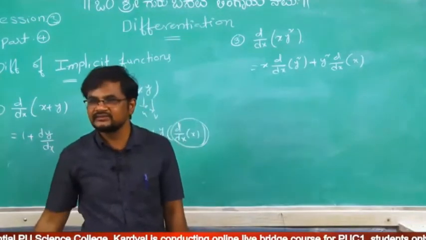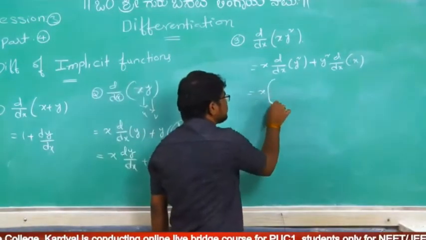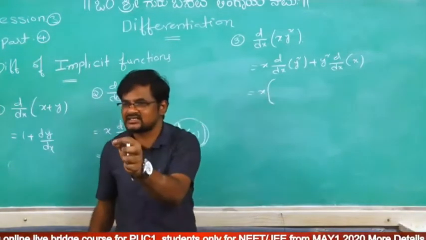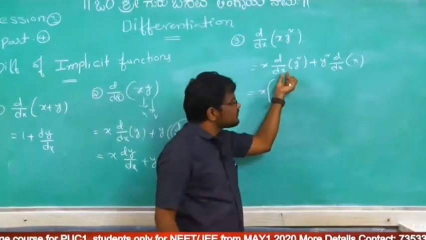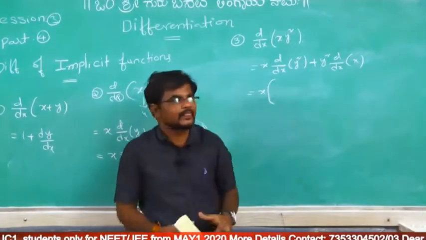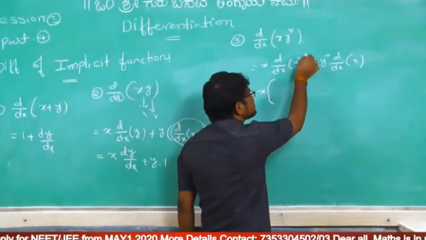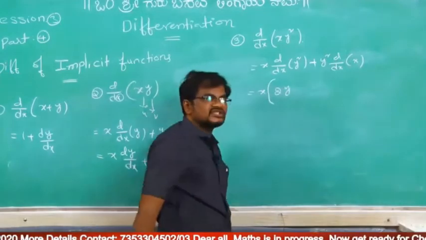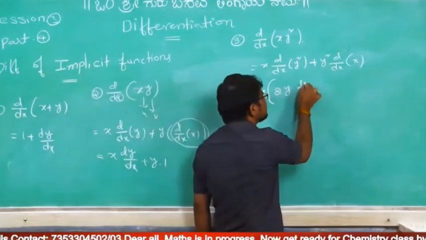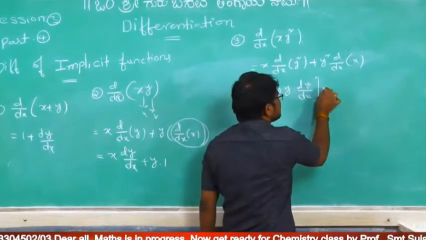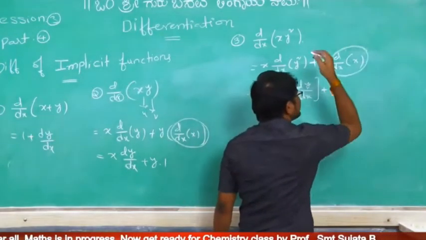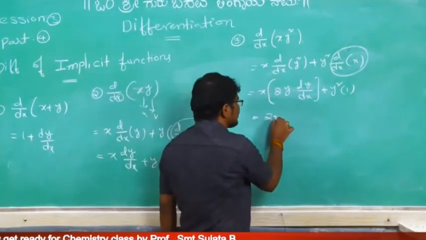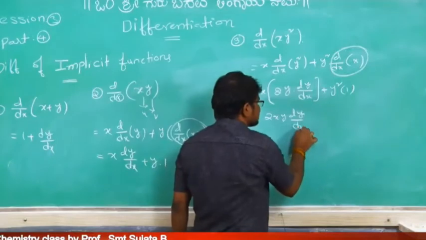Listen carefully: differentiation of y square with respect to x. The variable is y, but we are doing differentiation with respect to x. Differentiation of y square is 2y, and again we have to differentiate y, meaning dy by dx. Plus y square times the differentiation of x with respect to x, which is 1 only. So that is equal to 2xy dy by dx plus y square.